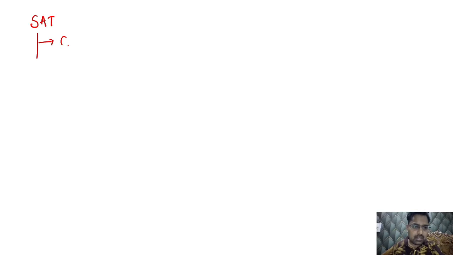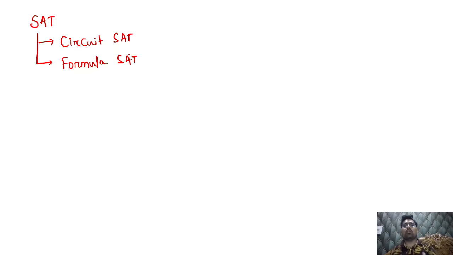SAT, or the satisfiable problem, is of two types. One is circuit SAT, another is formula SAT. Formula SAT belongs to all types of formula where we are going to use it.